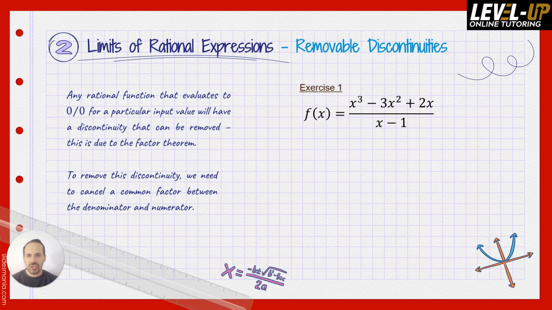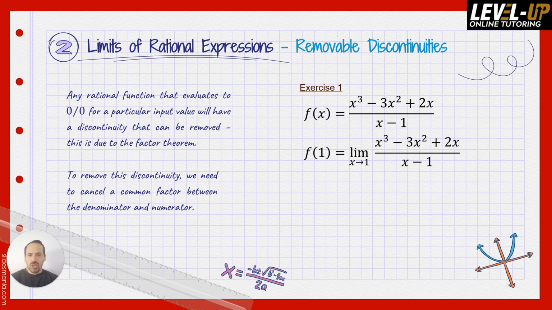Say we've got this rational expression where we've got a polynomial divided by another polynomial. We're dividing by this little linear polynomial, x minus 1. One would expect there to be a discontinuity at x equals 1 because you're going to get 0 in the denominator.